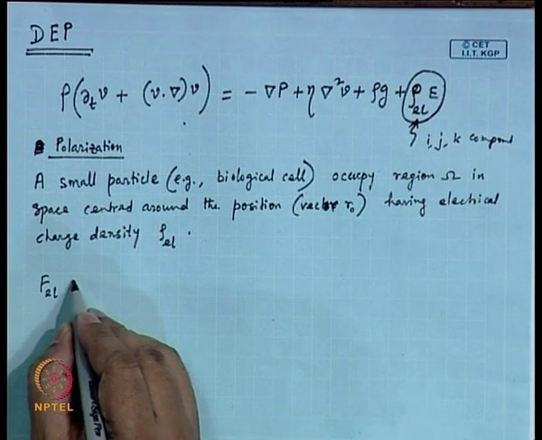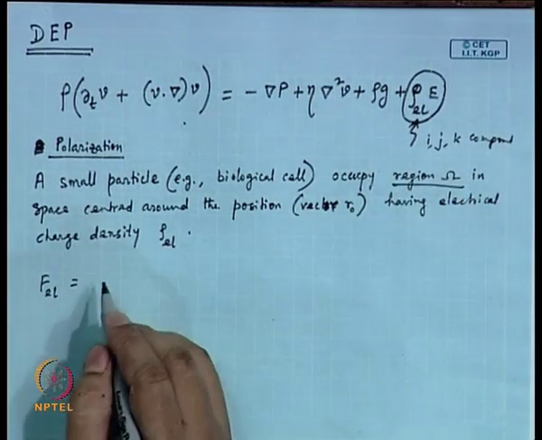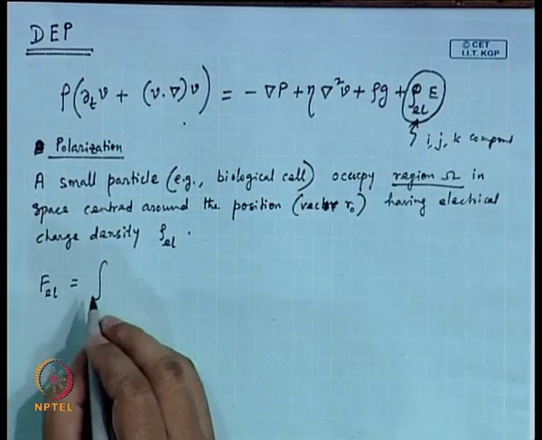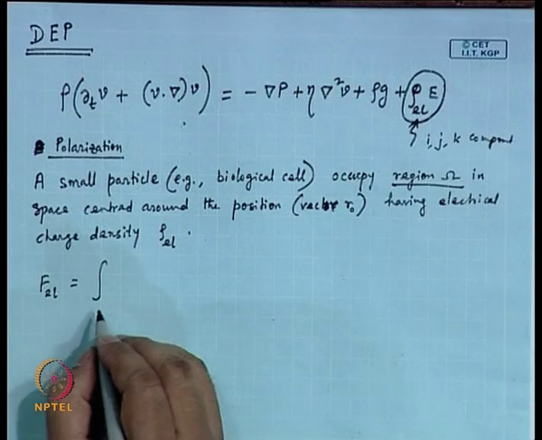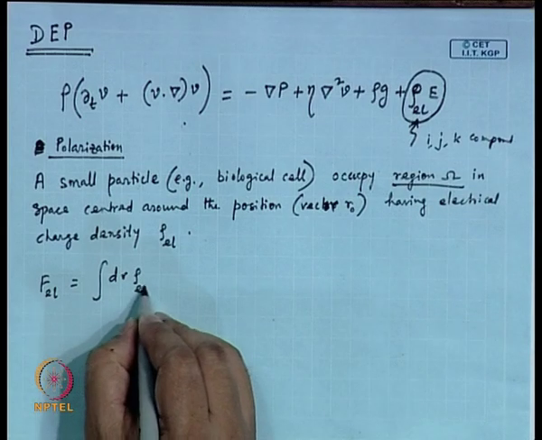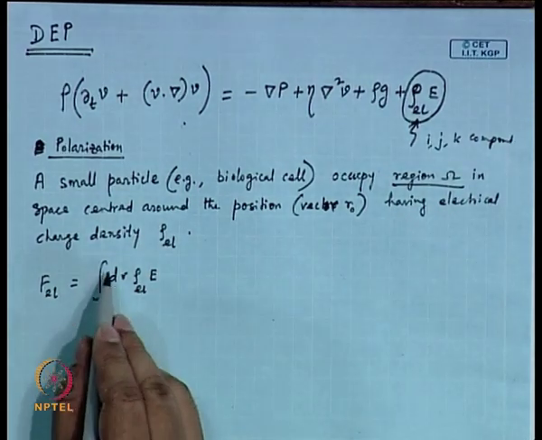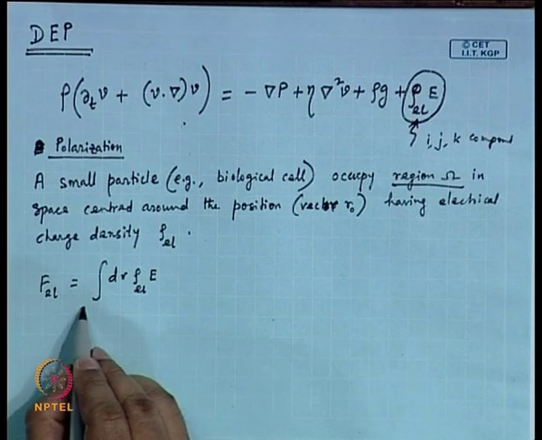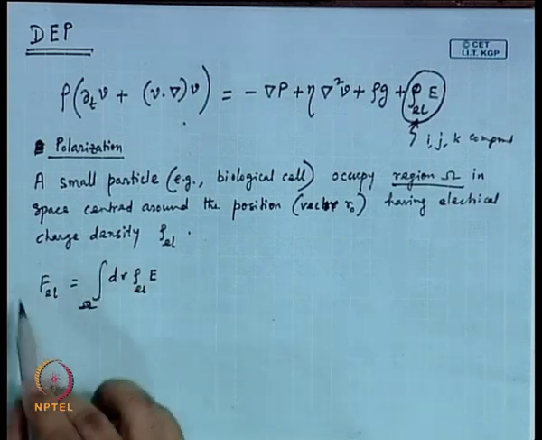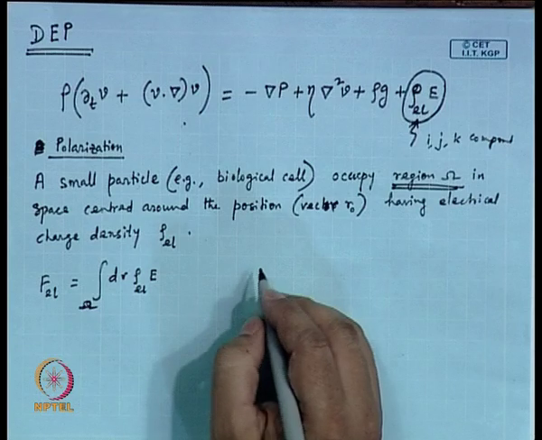Since we are talking about a region omega, generally the body force term would be the integral over dr of rho EL E for the entire region omega. So, that is what the body force term would be defined in this case, since we are looking at a region omega and not just a point.